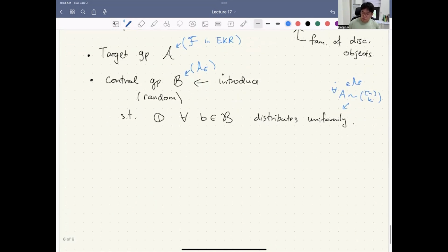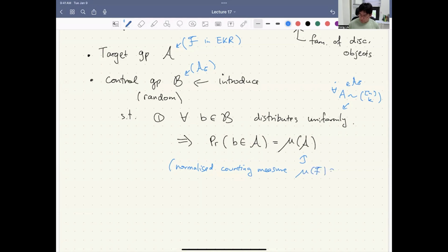If you have this property, what does it imply? This means the probability that B lies in our target group is precisely the measure of our family A. By measure, I just mean in our setting the normalized counting measure, so mu of F is just the size over n choose k, the uniform counting measure in the discrete setting.